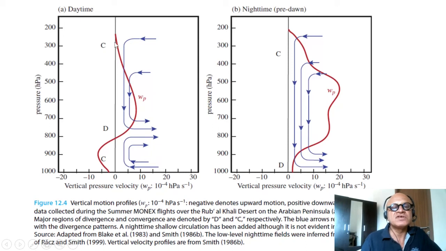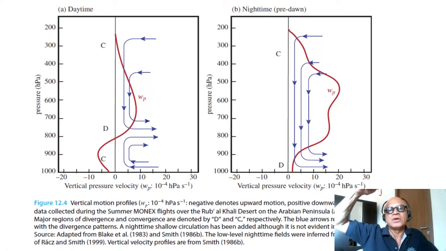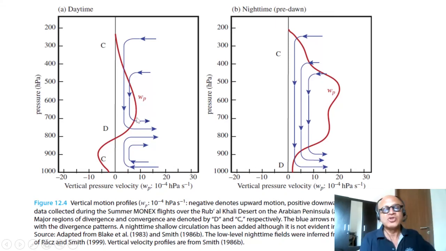What's happening above is that you have radiative cooling, and that's going to be balanced by adiabatic compression and heating. So the radiative loss at the top is still strong even during the day. That's going to create cooler temperatures and sinking. So you can see these downward vertical velocities, or WP, and the two circulation cells in the vertical are going to meet here at basically the region of maximum divergence.